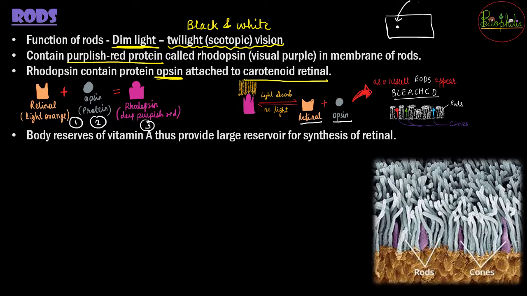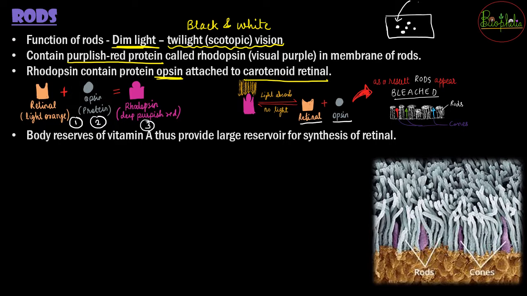So that area will become white. So for example, एक यहाँ पे light rays गिरी, एक यहाँ पे गिरी, एक यहाँ पे गिरी, यहाँ पे गिरी. All that is going to become the area of white, and because of that you can see a kind of black and white image during the night time. So that is how the rods are going to function in the night vision.